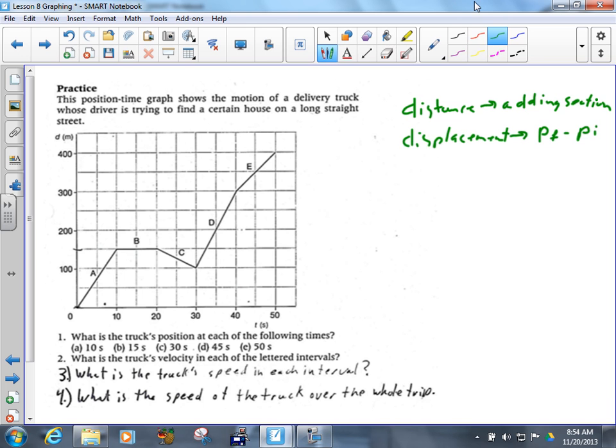Okay, can I get velocity off of this graph? Yes, in two ways. What are they? If I'm just dealing with, let's say, this section D here, I can use slope.